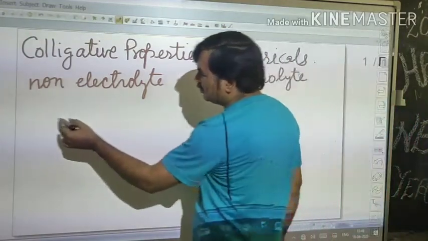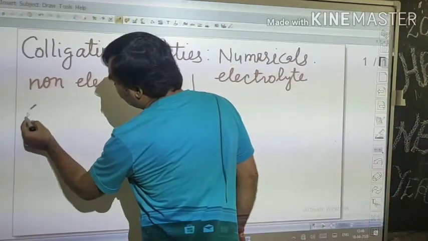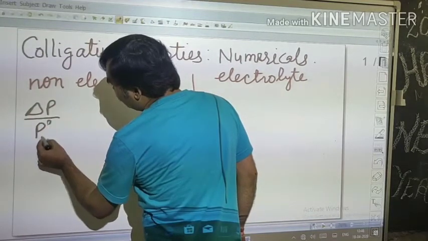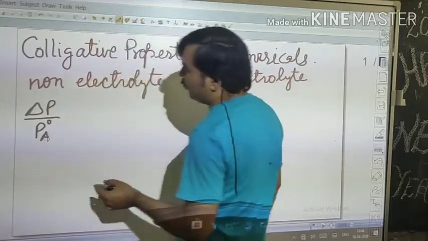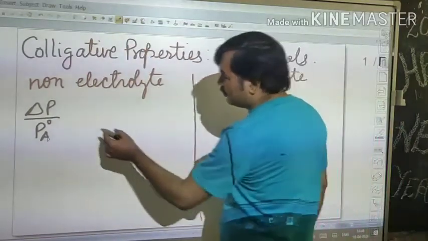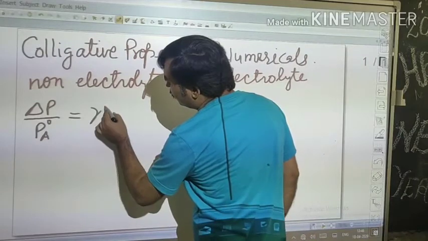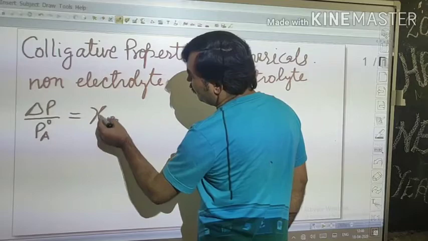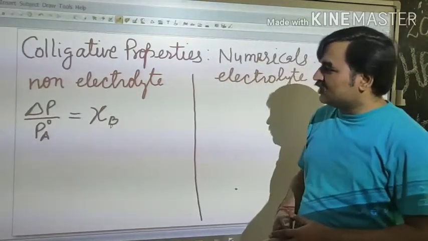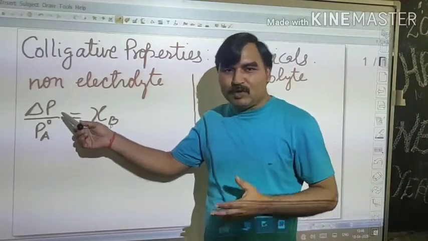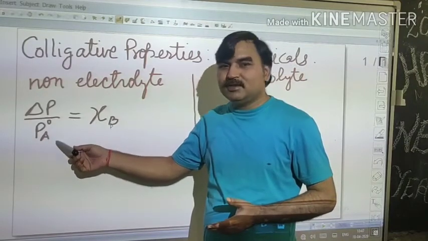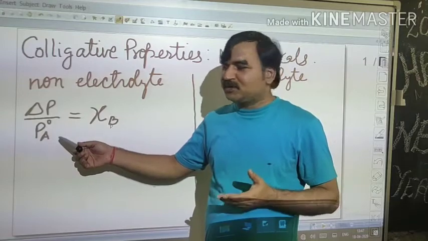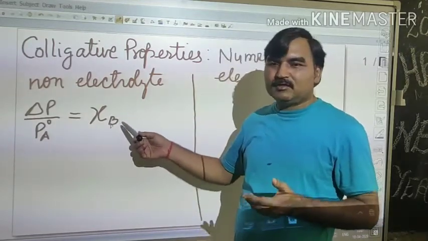In this case, the first formula is delta P upon P naught, known as the relative lowering of vapor pressure. It is given by delta P upon P naught equal to the mole fraction of solute. Here delta P is the lowering of vapor pressure, P naught is the solvent's pure state vapor pressure, and this is the mole fraction of solute.